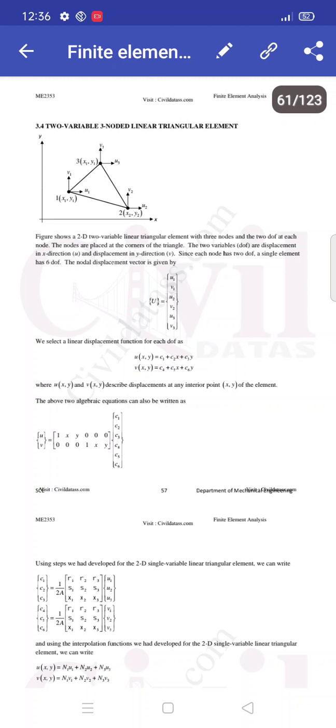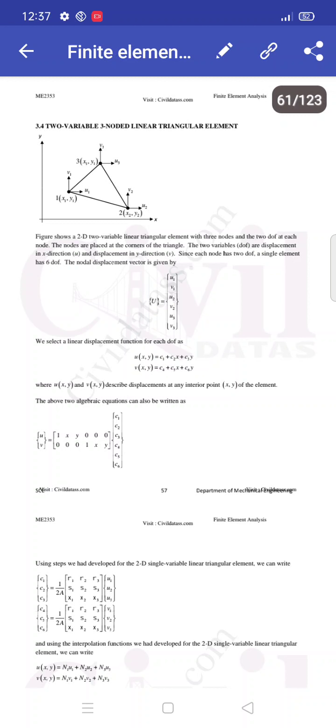of the element. The above two algebraic equations can also be written as u, v equal to the matrix 1 x y 0 0 0, 0 0 0 1 x y, times the vector c1 c2 c3 c4 c5 c6.